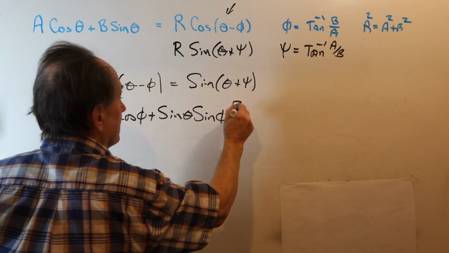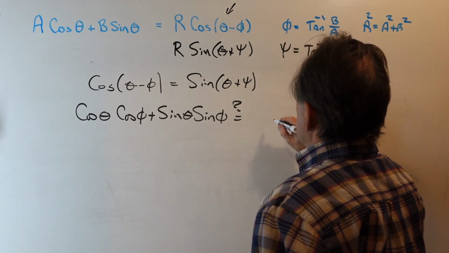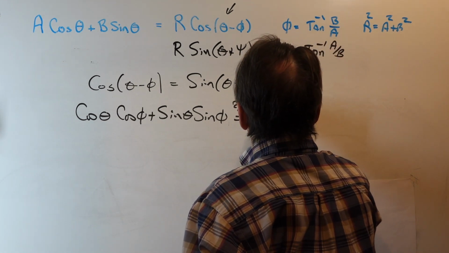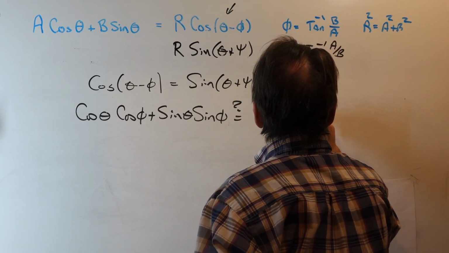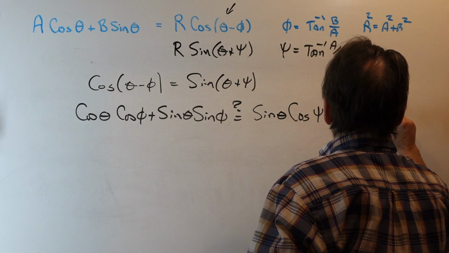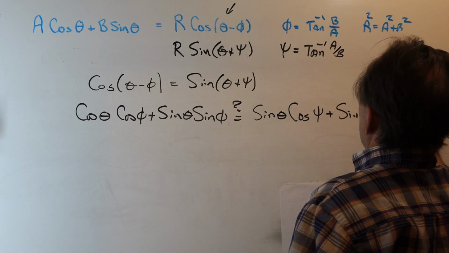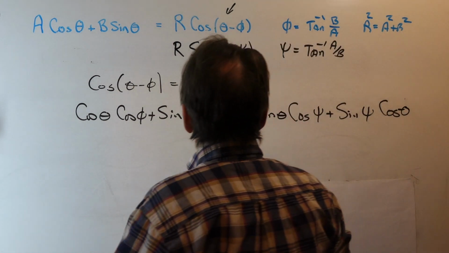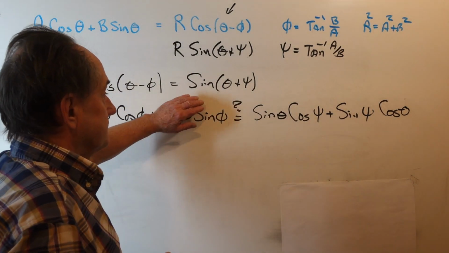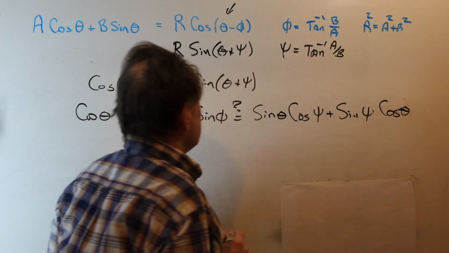And we want to know, is that equal to this? Well, the sine of theta plus psi will be the sine of theta times the cosine of psi plus the sine of psi times the cosine of theta. Okay, that's the expansion.